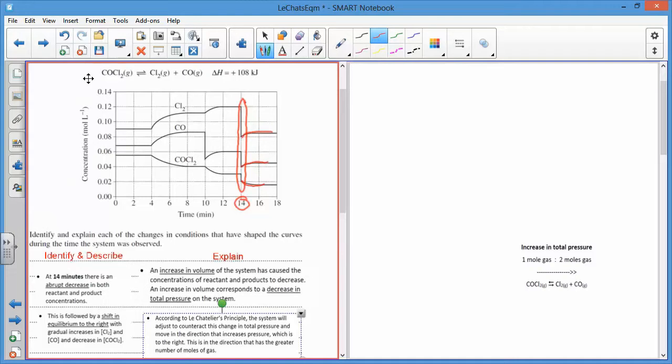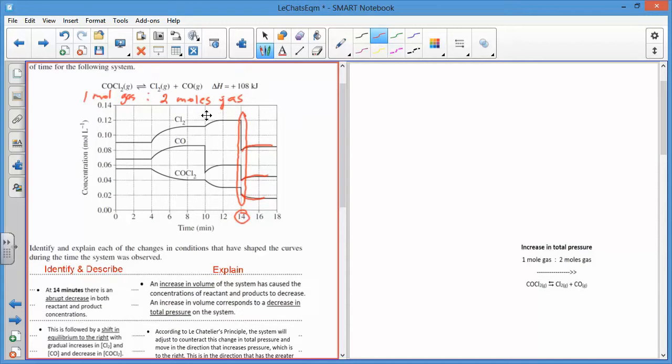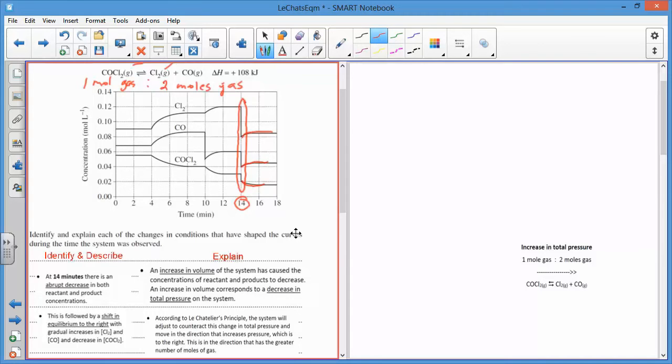On this side we've only got 1 mole of gas, and on the other side we've got 1 mole plus 1 mole, which gives you 2 moles of gas. So if you decrease the pressure on this system, it wants to drive in the direction that's going to counteract that decrease in pressure. The direction that would do so is to the right, where you've got a greater number of moles of gas.